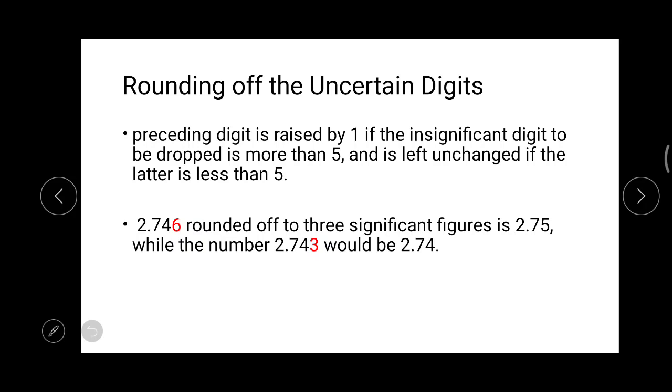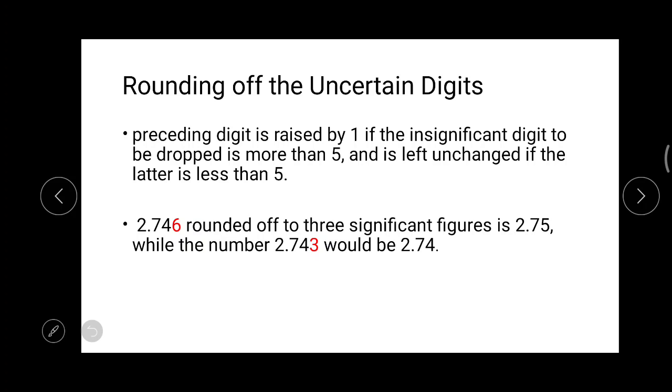The preceding digit is raised by 1 if the significant digit to be dropped is more than 5. Consider the example it is given over here.